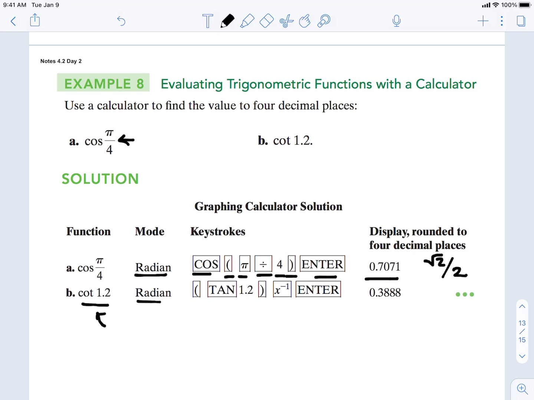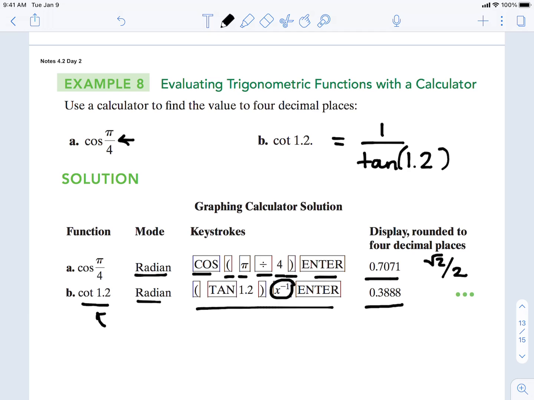So for you to use the graphing calculator or the scientific, this is what you could type into your calculator, 1 over the tangent of 1.2. Or, keystrokes here, the tangent of 1.2, and then notice the keystroke x to the negative 1, and that would be your answer to 4 decimal places.